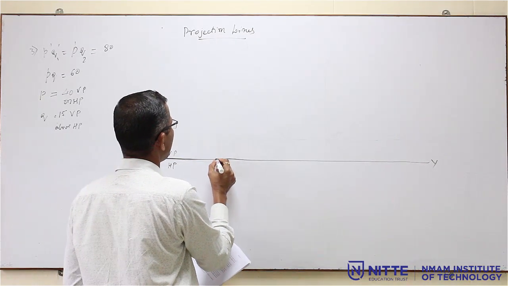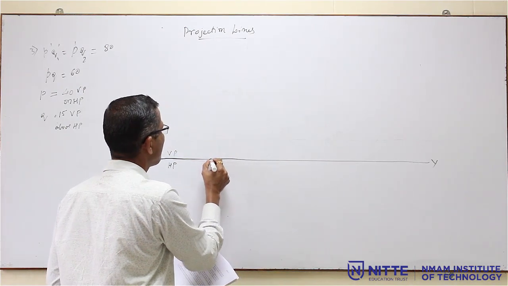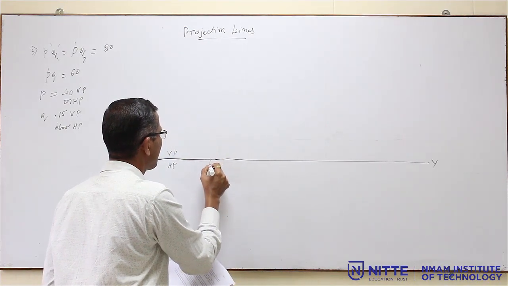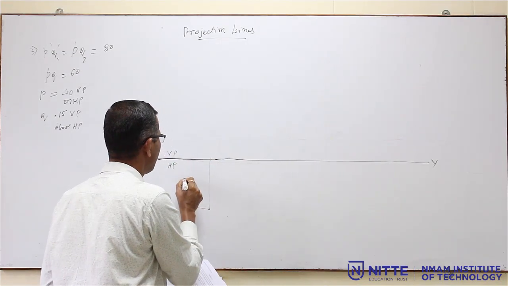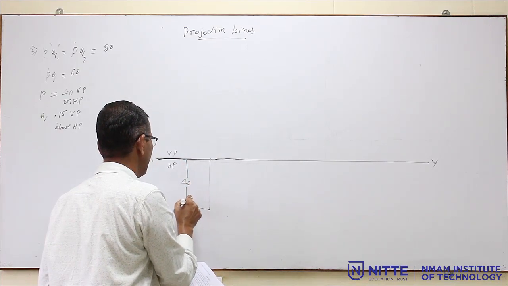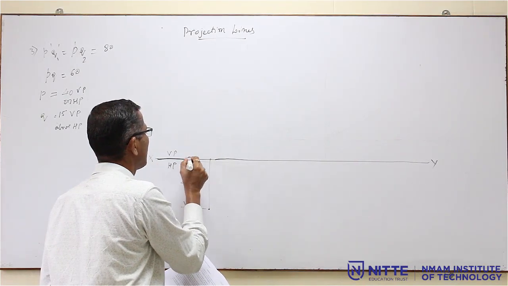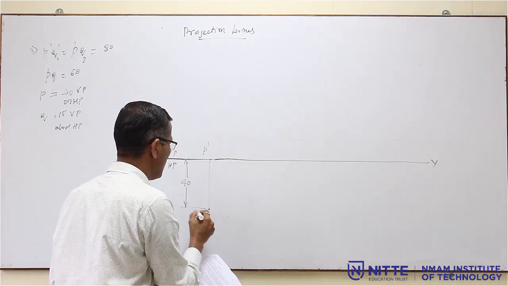Point P is on HP and 40 mm in front of VP. So, this distance is 40. So, this is P dash and this is P.